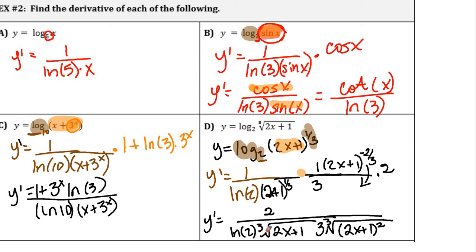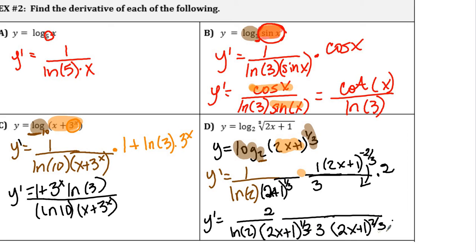So these guys actually kind of cancel each other out, and it's a little bit easier to see if I still write them as a fraction. So if this is 2x plus 1 raised to the power of 1/3, and this is 2x plus 1 raised to the power of 2/3, well, you know when you're multiplying, you're adding your exponents.